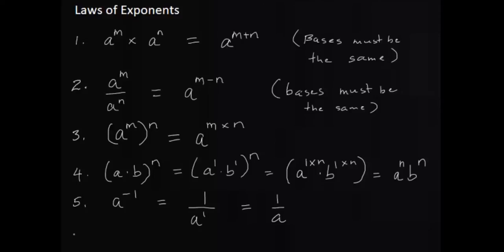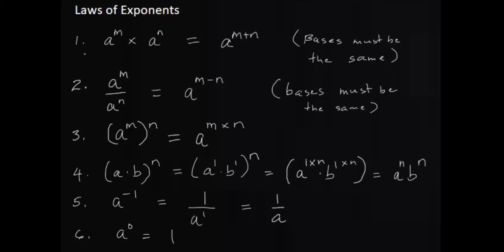Let's look at our sixth law of exponents. The sixth law says if you have an expression raised to the power of 0, it reduces the whole expression to simply 1. These are our 6 laws of exponents.